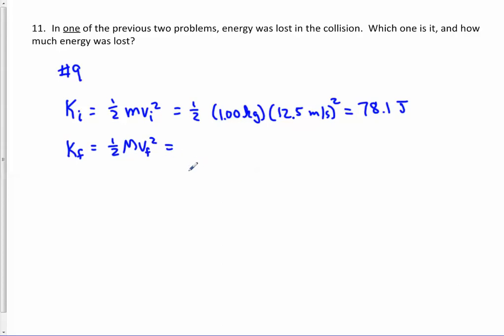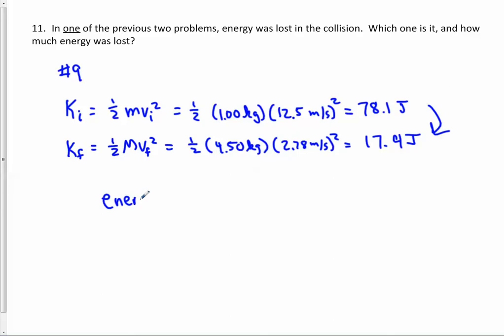And let's figure out the kinetic energy of the combined object at the end. So now they have a mass of 4.50 kilograms. And the speed, so we actually use our answer from number 9, which was 2.78 meters per second. And that works out to be 17.4 joules. So we can clearly see that energy was lost.